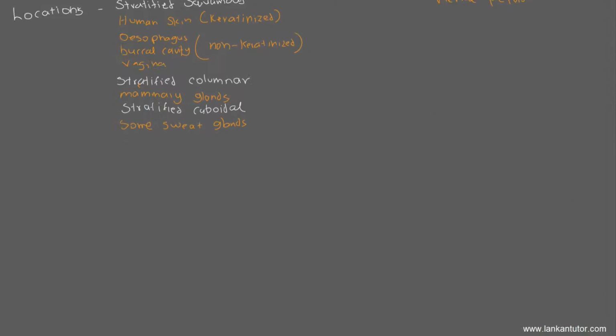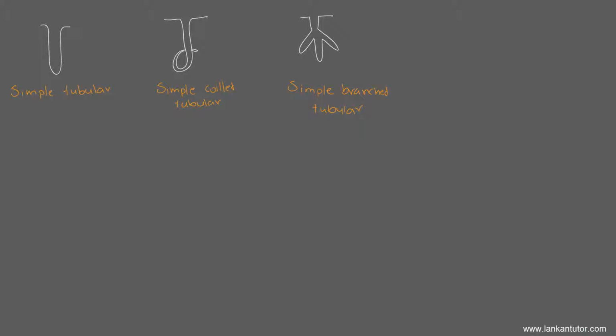But there is one little bit that people teach during this part about glands, about the shapes of glands, and well, the shape of the duct, but that really isn't necessary. If you want to know, I'm just going to go ahead and talk about that in the next minute, but remember, you'll probably never have to learn this, or you probably won't get any questions based off of this.